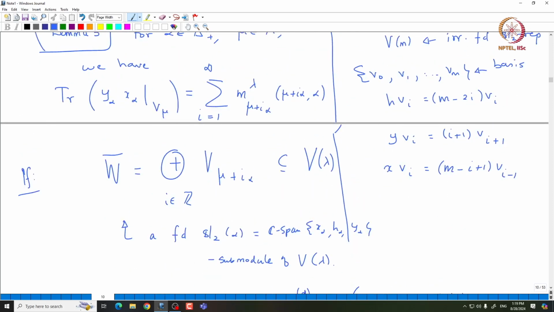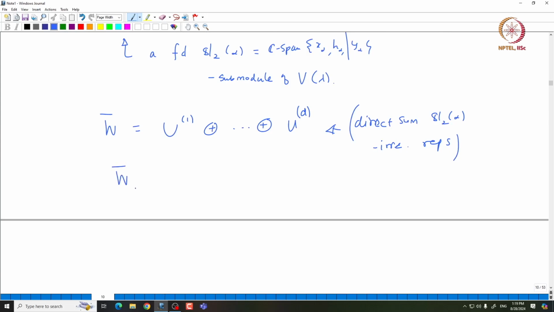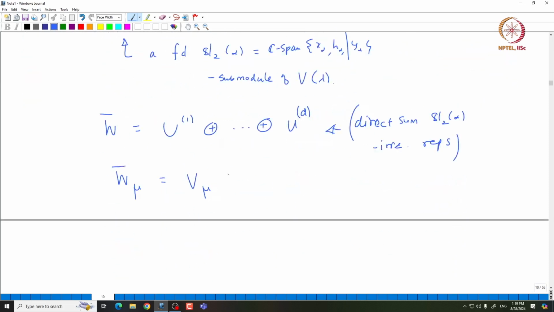Once we have this, it is easy to see how one can compute the trace of Y alpha X alpha by restricting to this W bar. It is not hard to see that the mu-th weight space of W bar is exactly the mu-th weight space of V, because we have taken the direct sum of the mu plus i alpha weight spaces. When you restrict W bar to the mu-th weight space, you get exactly V mu, which is equal to U1 mu direct sum etc. direct sum Ud mu.